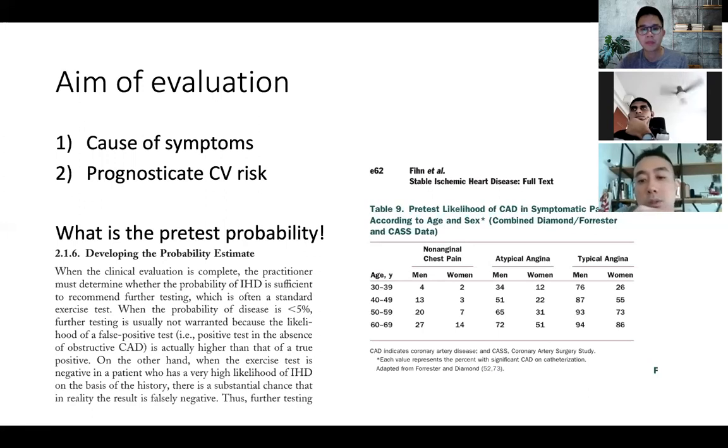So it's not usually recommended to send these people for tests, because you're going to come back with a false positive. You may end up creating anxiety for the patient, and sending them for more tests may mean additional exposure to radiation, and so on and so forth. Okay.